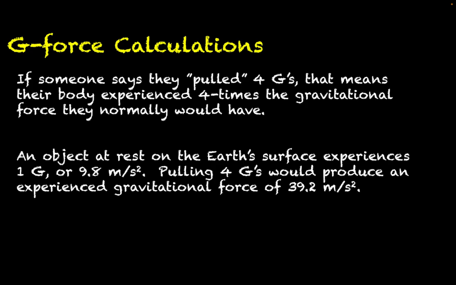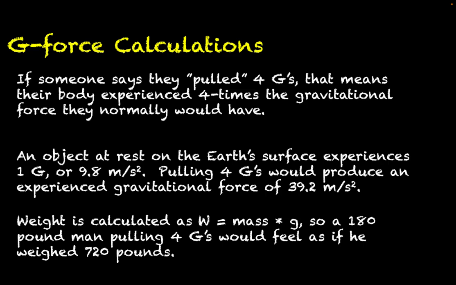After 2 seconds, it will be 19.6, and so on and so forth. After every second after you drop it, it's going to accelerate by that amount. So pulling 4 Gs would produce an experienced gravitational force of 39.2 meters per second squared, so 4 times the equivalent of Earth's gravity.